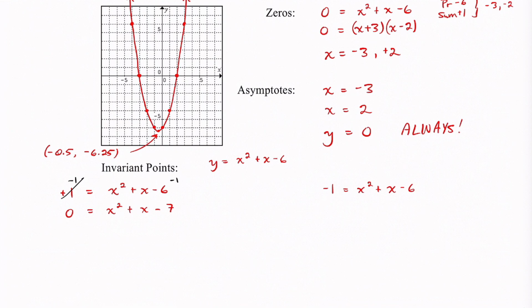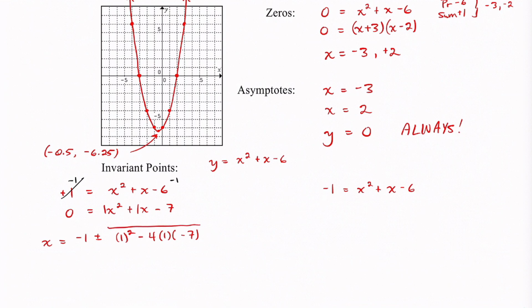So what we're going to use instead is our quadratic formula. So x is going to equal minus b. So b is a 1 there, so it's going to be minus 1 plus or minus the square root of b squared, so that's 1 squared minus 4 times a. A is a 1 in front of the x squared, so times 1, times c, which is a negative 7.